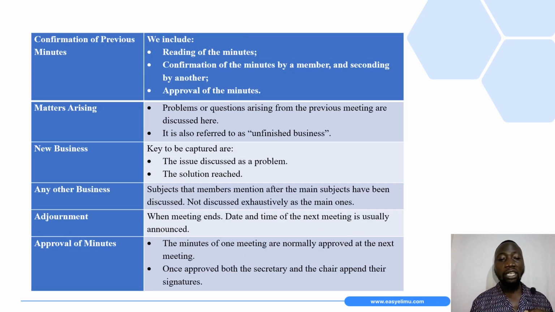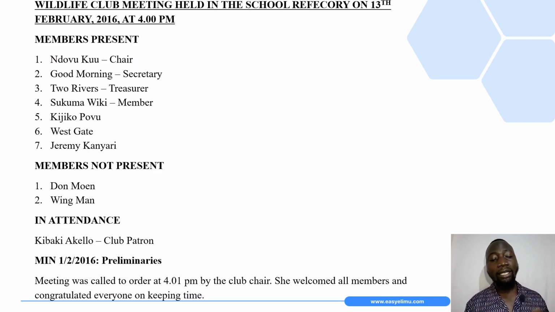So again, looking at the other part of the table, you have examples of what you are supposed to include. And also to end the session, dear students, there is a sample of minutes.